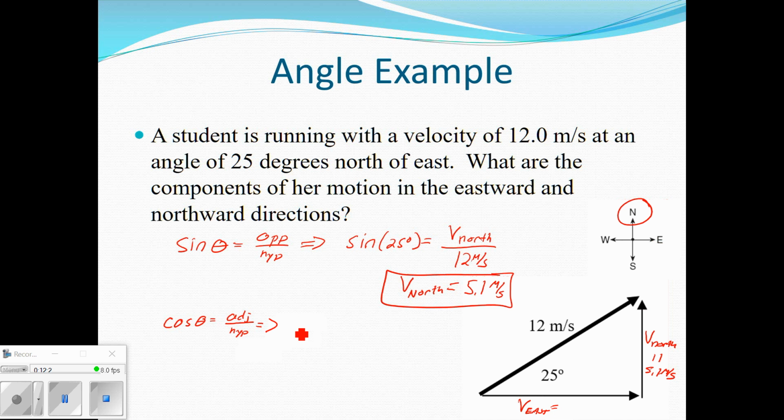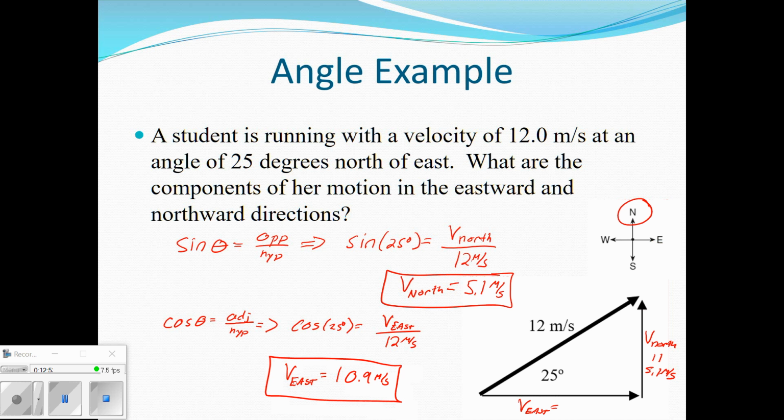So cosine of 25 degrees is equal to my velocity eastward divided by my hypotenuse, which is 12 meters per second. If I take cosine of 25 and multiply it by 12, I end up with the velocity eastward equal to 10.9 meters per second.